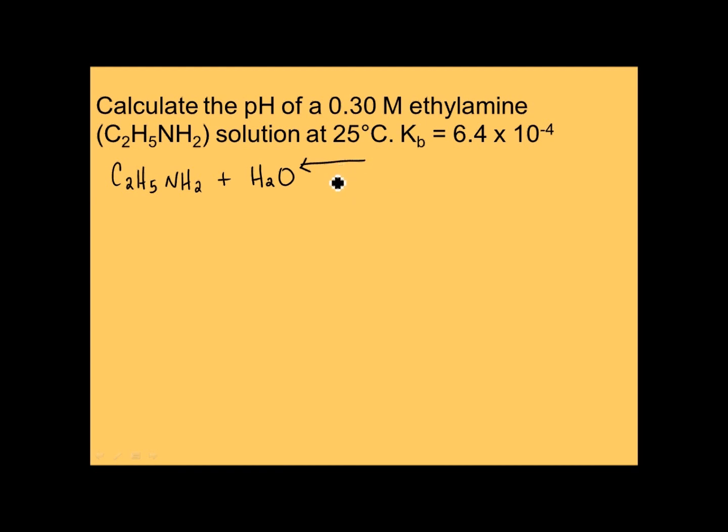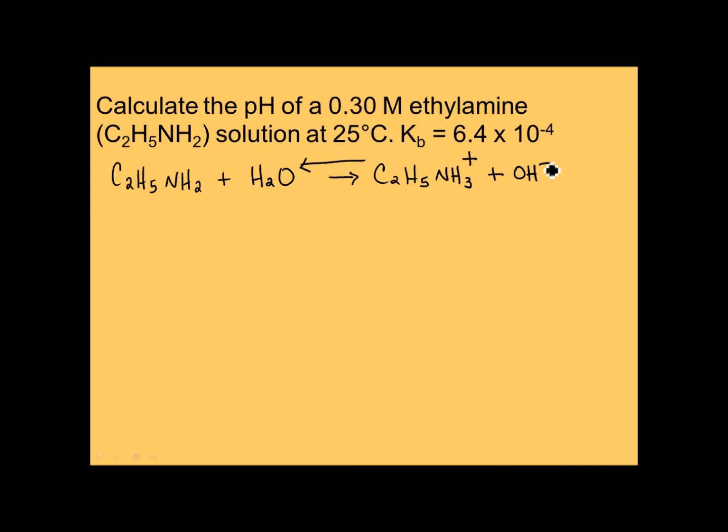I usually use one arrow with two heads, whatever. Bases accept. There's the conjugate acid of the ethylamine. You will notice that in this one, it's the hydroxide ion being formed.